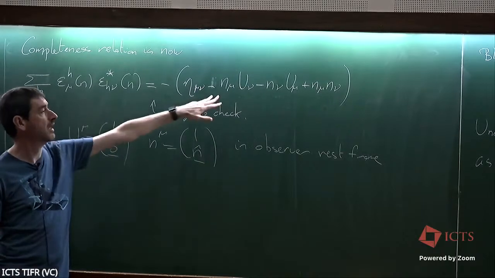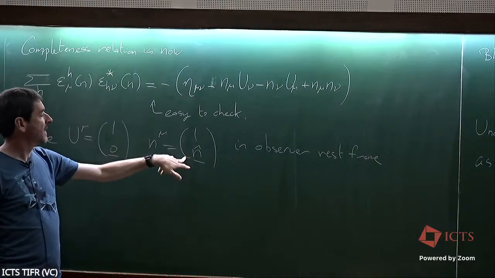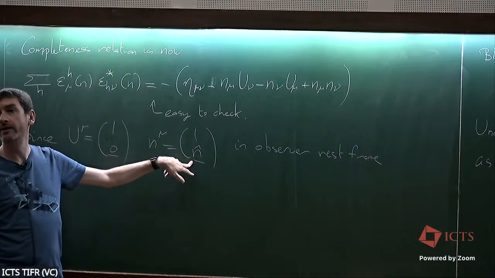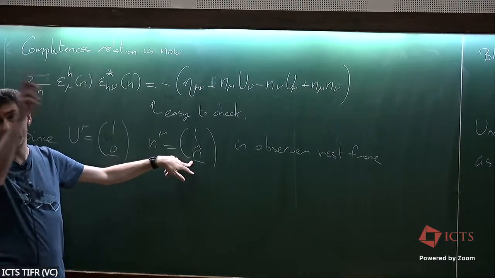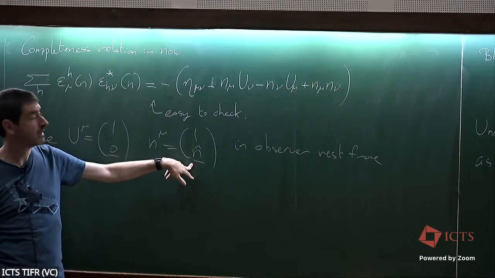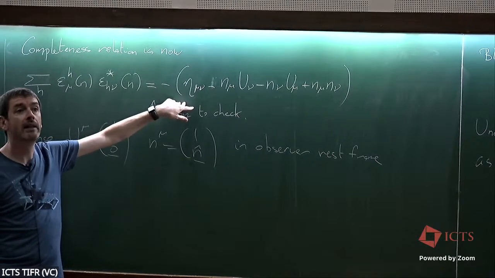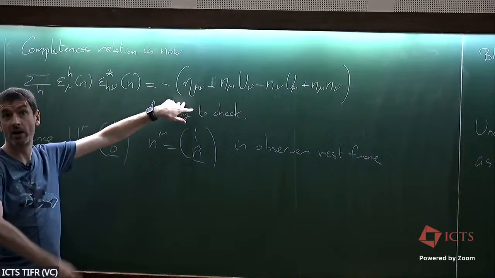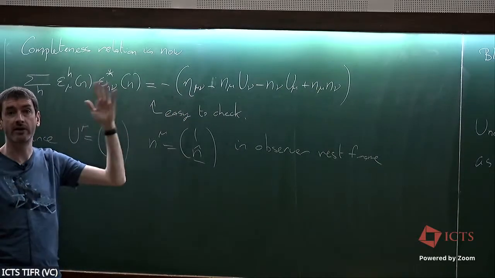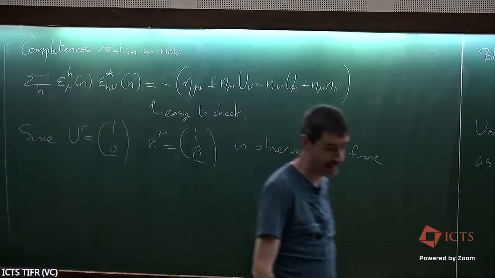So the time component gets projected away by this projector. What's left in n^mu is just the normal direction to the sphere, so all directions that are normal to the sphere also get projected away. What this projector is really doing is projecting an arbitrary vector onto the part that's tangent to the two-sphere. So this projects you onto the tangent space of the two-sphere. That'll be helpful to us in a little while.